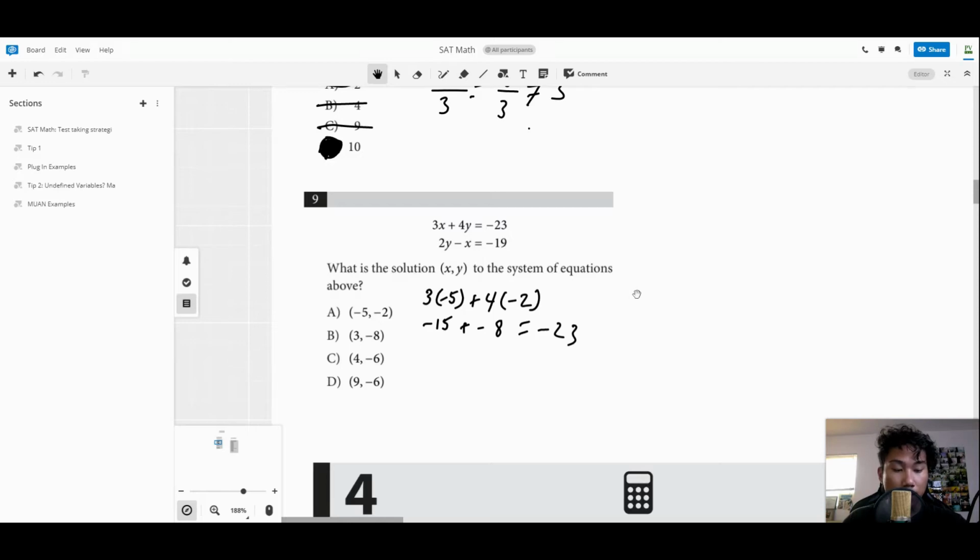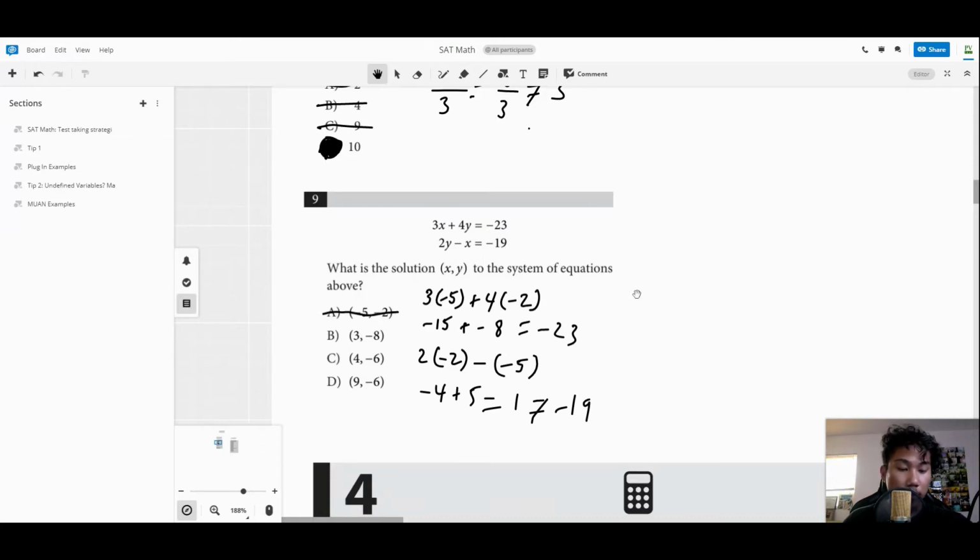Let's try the second equation. 2 times -2 minus -5. So 2 times -2, that gives me -4 minus -5, so plus 5. That gives me 1, which is not equal to -19. So A is out of the question.